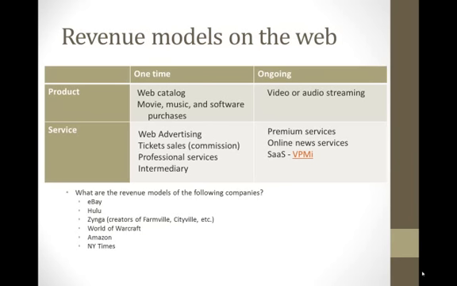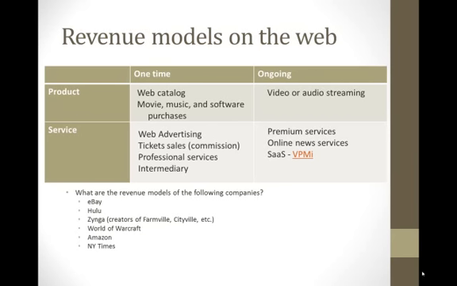So how does eBay make money on each one of those auctions? Is it one-time or is it ongoing? Well, usually you pay a fee for each auction that completes. So eBay is actually using a one-time service, but they're doing it on a massive scale, so they make tons of money off of it.